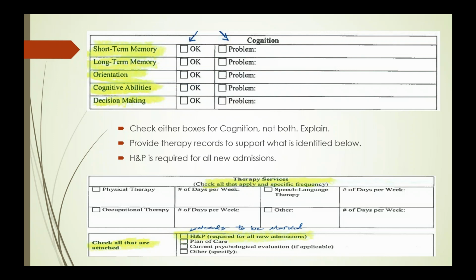Please provide therapy records to support what is identified below: physical therapy, occupational therapy, speech therapy, or other. And again, in the check all that are attached, please check the H&P. It is required for all the LTC forms. And please check any of the other boxes that apply.